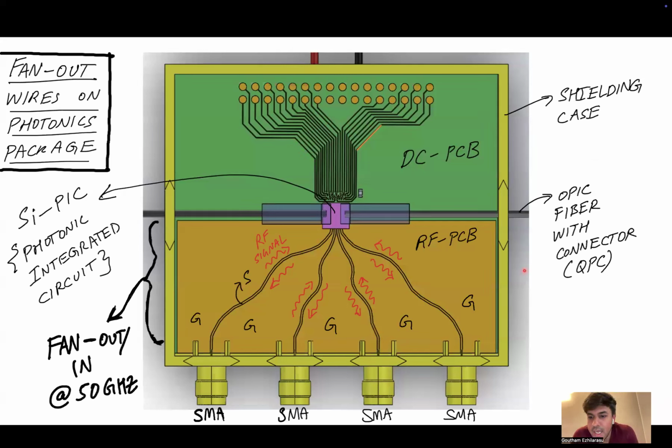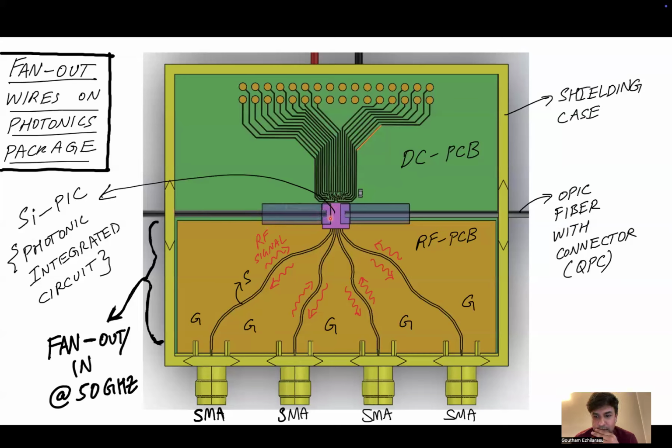This is the design of the full RF package that you can see here. Let me describe some of the components. This pink thing here is a photonic integrated circuit, and this PIC has a bunch of photonic components on it. For example, it has a photonic modulator, and the optical signal to this modulator is coupled using these fiber arrays.